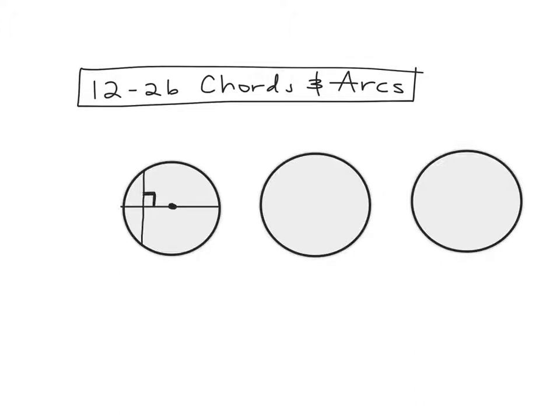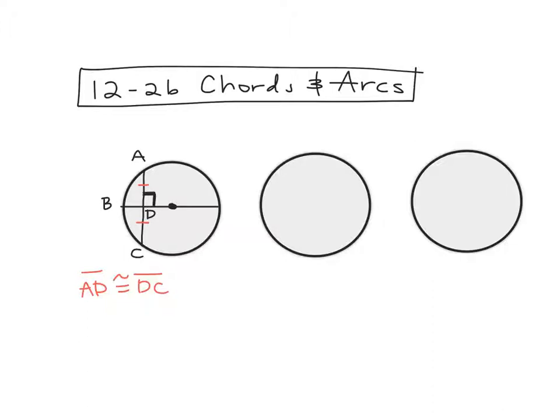So if this is A, B, C, we'll call that point D, okay? If this is my setup, and it is perpendicular and it's a diameter, it is bisecting the chord and the arc. So the things we know from this is this piece of the chord is congruent to that. In other words, AD is congruent to DC.